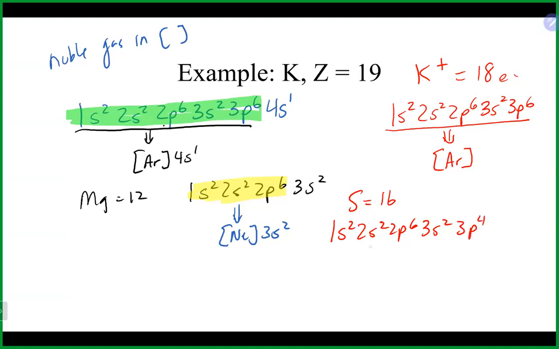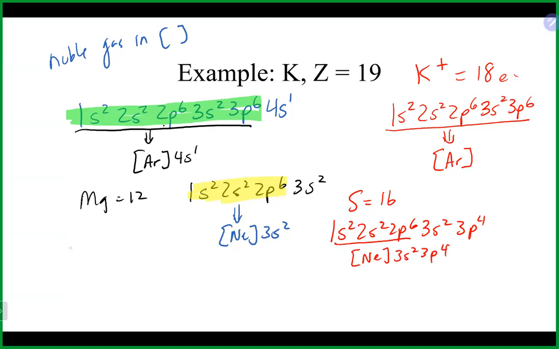And if we look up here, that's actually neon's configuration. So that's what you would continue on if you wanted to do noble gas configuration. You go neon, 3s2, 3p4.